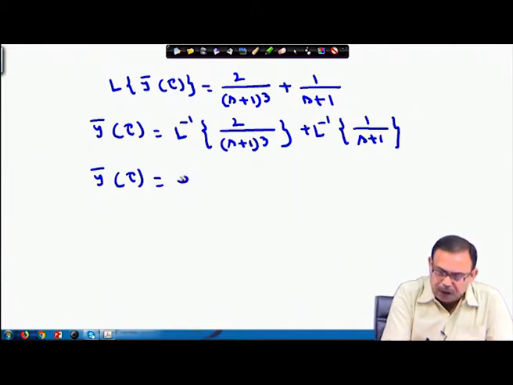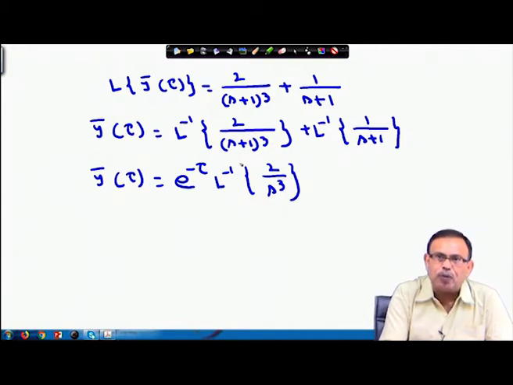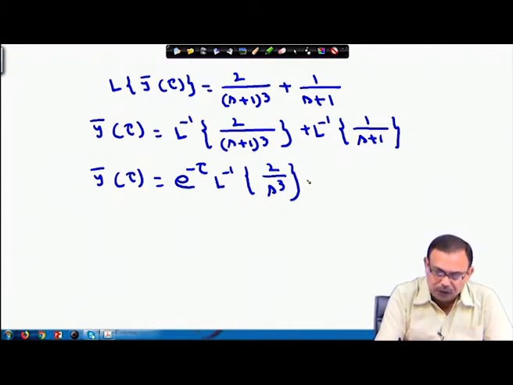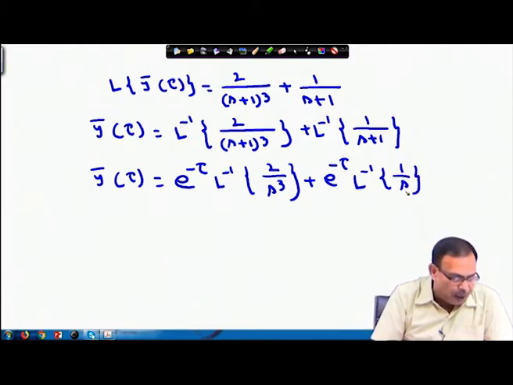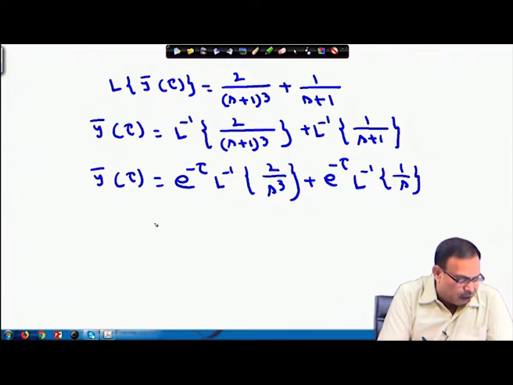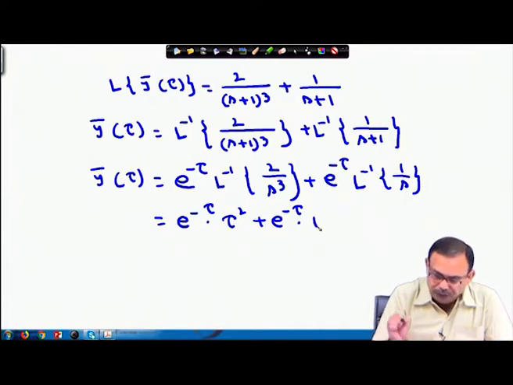So e power minus tau, Laplace inverse of 2 by s cube, I can write down simply, since s plus 1 can be replaced, e power minus tau will come, plus e power minus tau, Laplace inverse of 1 by s. So the values are e power minus tau into tau square for 2 by s cube, plus e power minus tau into 1. For the function 1, Laplace transform of 1 is 1 by s.